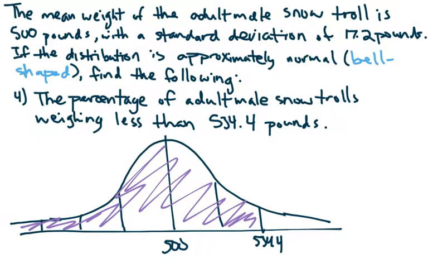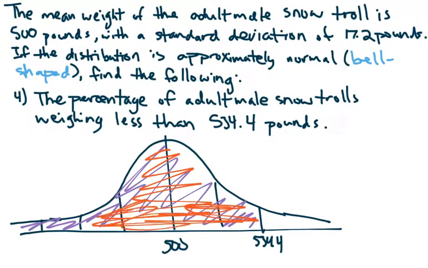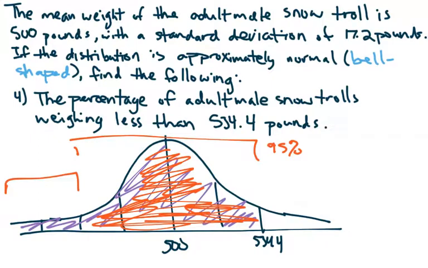Notice that this is definitely included in the purple, and this here is the middle 95%, according to the empirical rule. Between 2 standard deviations above and 2 standard deviations below is already 95.7%. The other thing is that in the previous problem, we just found that from here to here was, you remember, 2.5%.